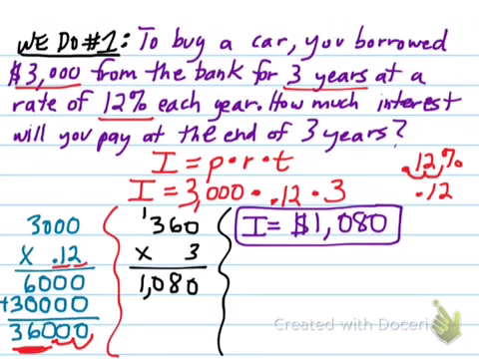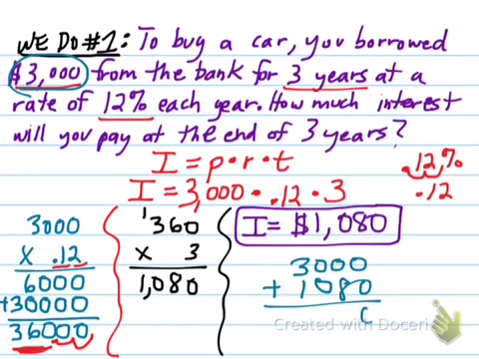is if I borrow $3,000, this is just additional information. If I borrow $3,000 and then I get charged for actually borrowing that money at 12% each year, so for 3 years, I'm going to have to pay an additional $1,080.